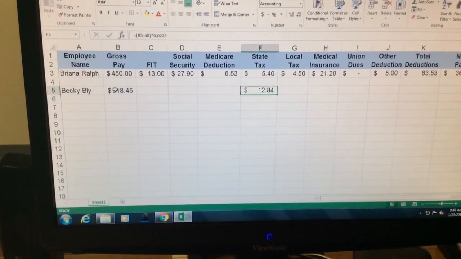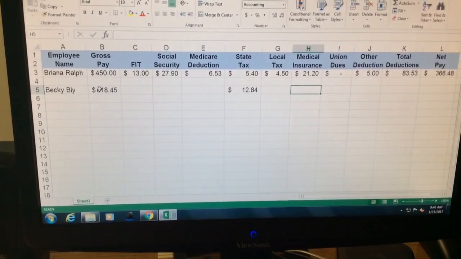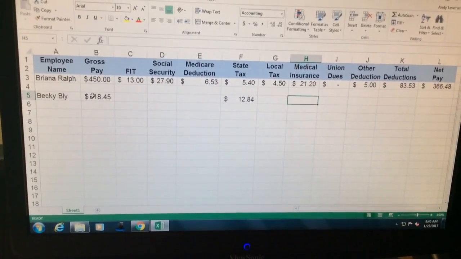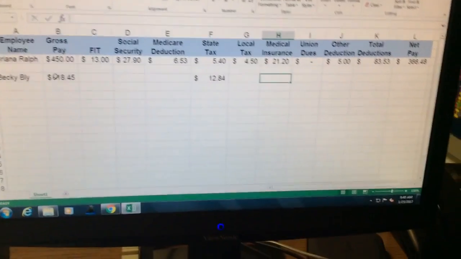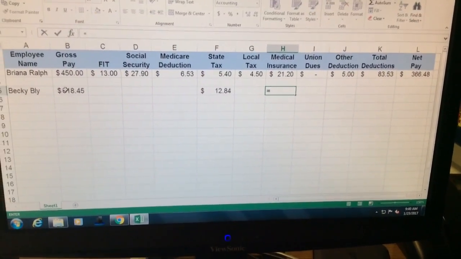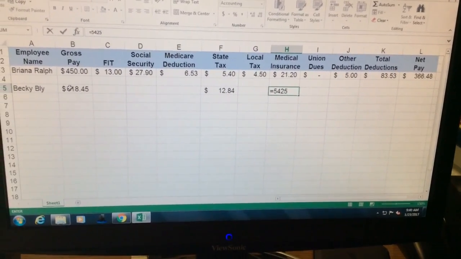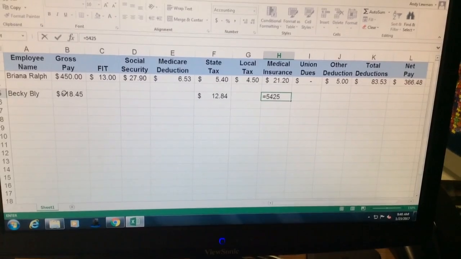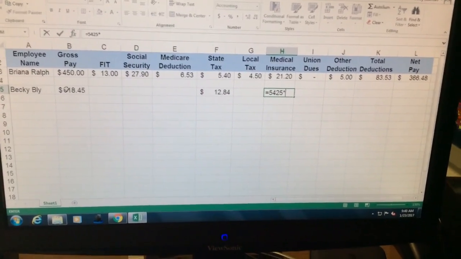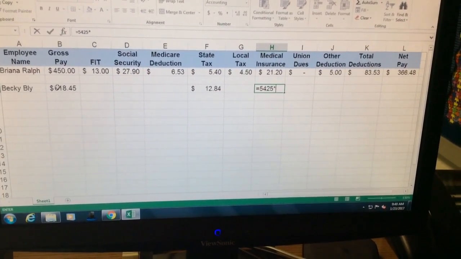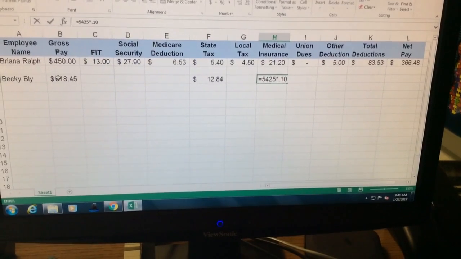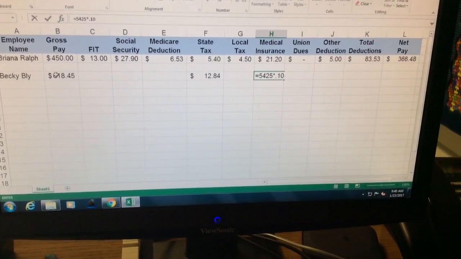In addition to that, they have given you a different perspective on the medical insurance, which her health or medical insurance is equal to $5,425 times the percentage she pays. Well, if her employer pays 90%, she is going to pay 10%.